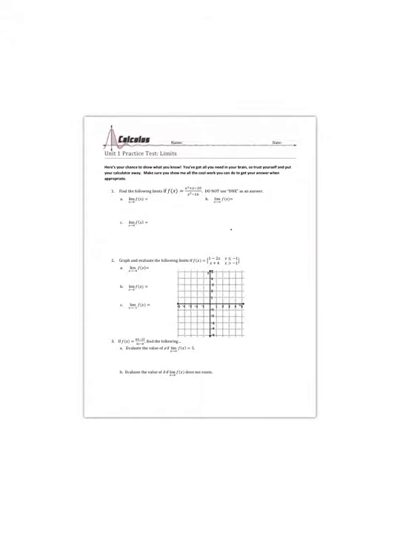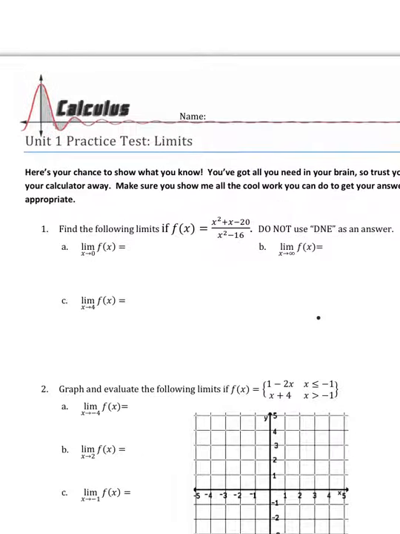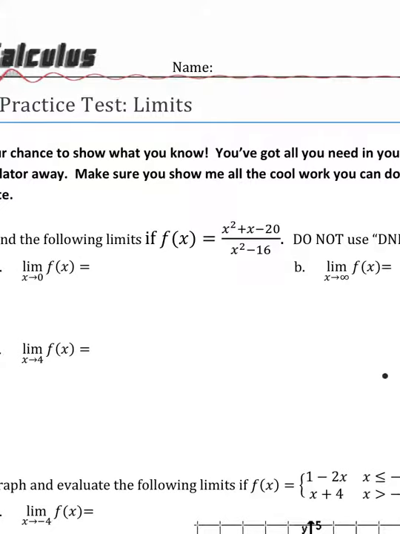All right, time to review some limits as we get ready for our limit test. So let's go through this review here. So we have a rational function here, and we want to find some limits. First thing we'll want to do is factor this.